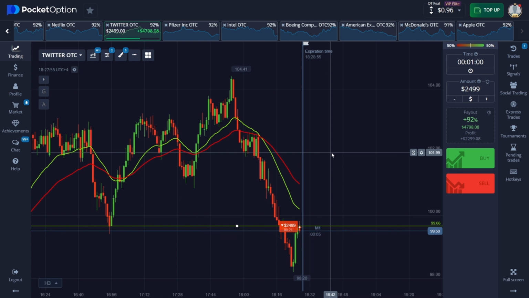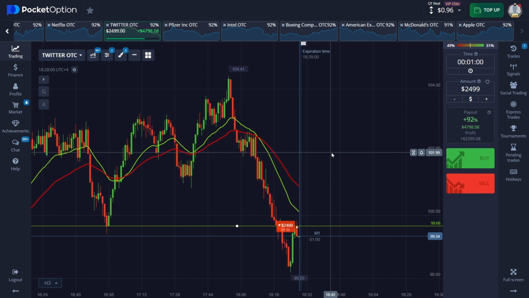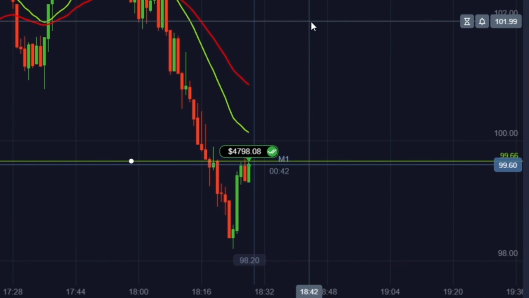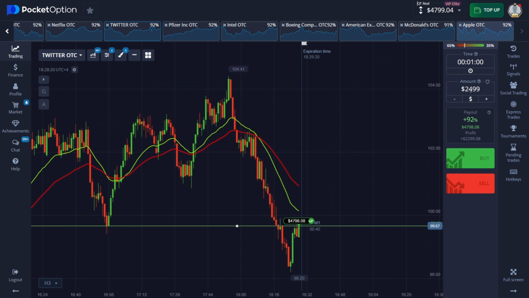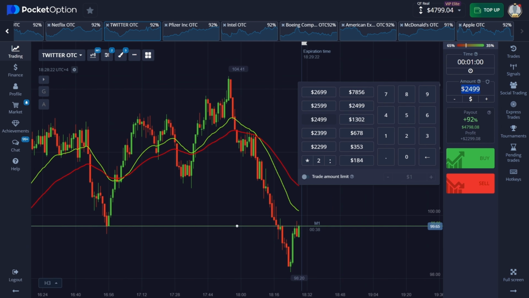The trade is now moving in our favor. The candle has closed as a red candle. It's a close win. So my balance is now $4,799. Let's find a trade for $4,799.